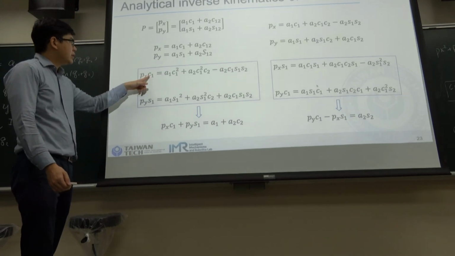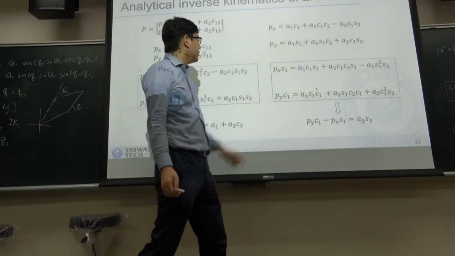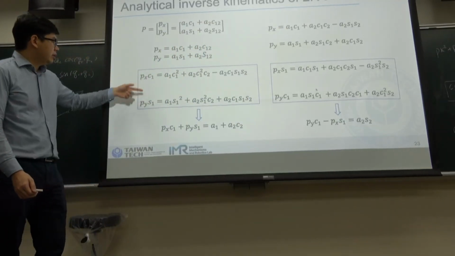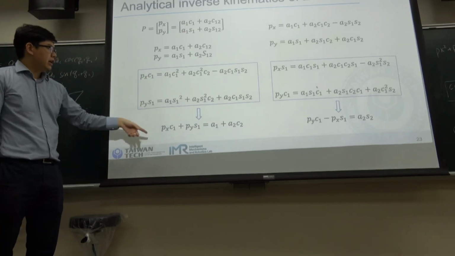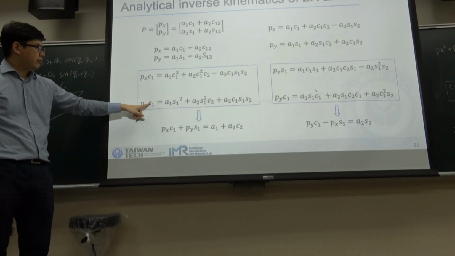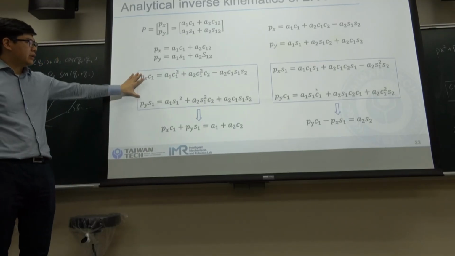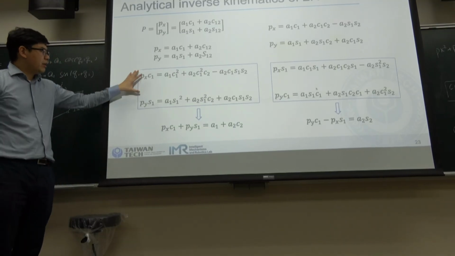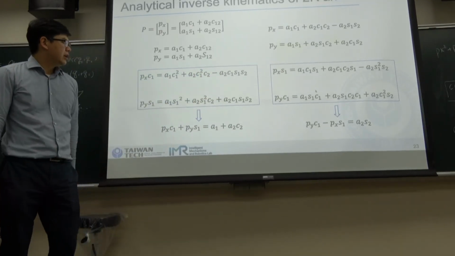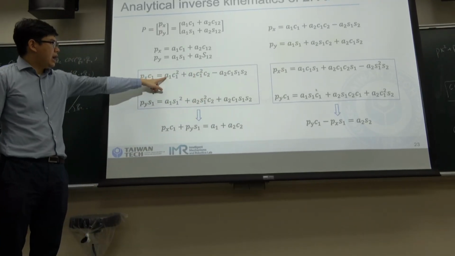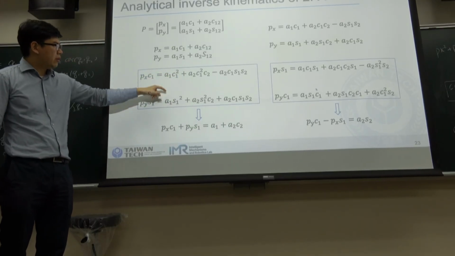And if we multiply by cosine q1 on both sides, then we can get these two. This is times cosine q1 on both sides, and this will be times sine q1 on both sides. Then we will get this. And we sum it up. We know that this all cancels off. So we get a1 cosine q1 squared plus a1 sine q1 squared, which is a1.